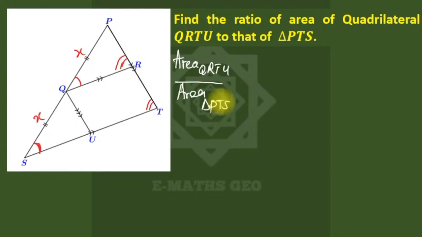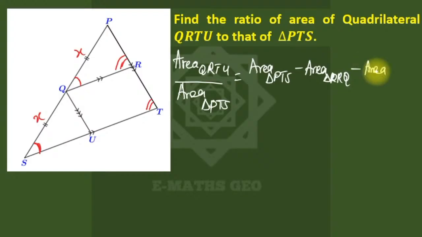We can write this quadrilateral in terms of the three triangles, which is the big one, PTS, minus the other two smaller ones, which are PRQ and QUS.